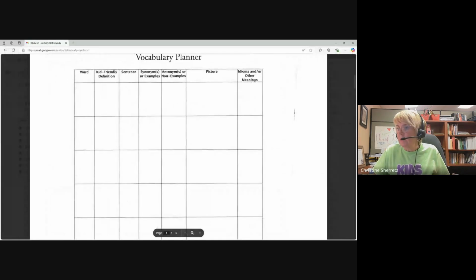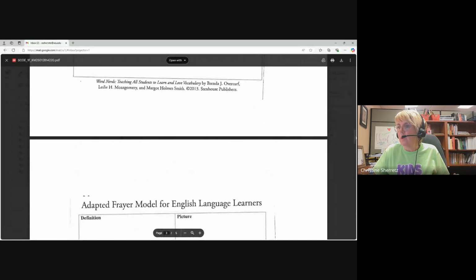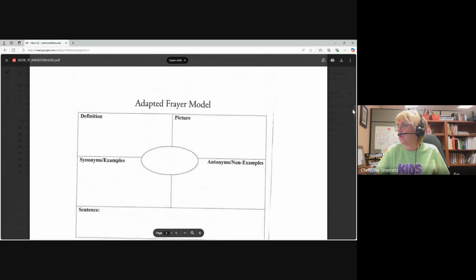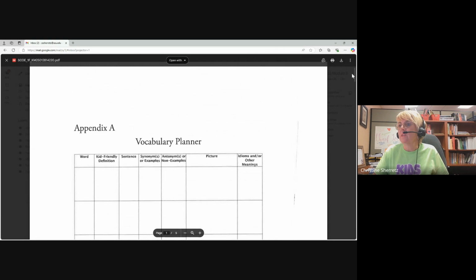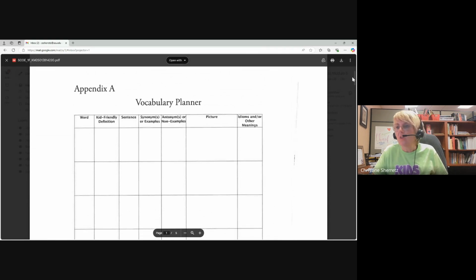Okay, this is all from Word Nerds, so I'm going to give them credit for this. So I want to show you a couple things that they have in Word Nerds. And the first thing that they have is a vocabulary planner. And I would really suggest doing this. So as you're planning your instruction, maybe for a unit that you're in, you need to think about what vocabulary needs explicit instruction.